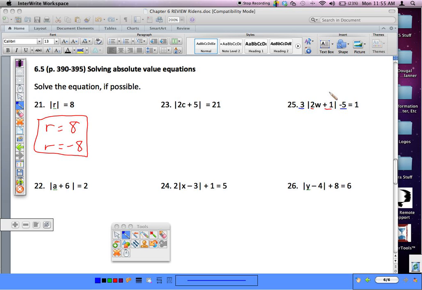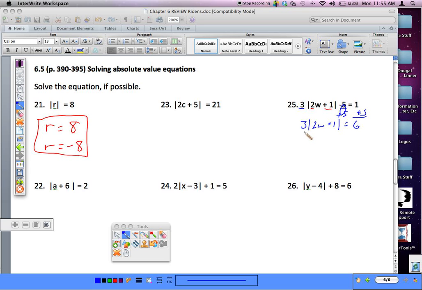Which one of these goes? The 5 needs to go first. How do I get rid of this 5? Plus 5, plus 5, cancels, leaves 3 with the absolute value of 2w plus 1, and that equals 1 plus 5 is 6. Got to get rid of the other outside term.